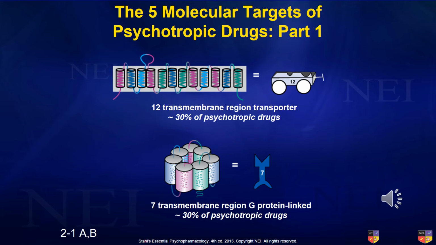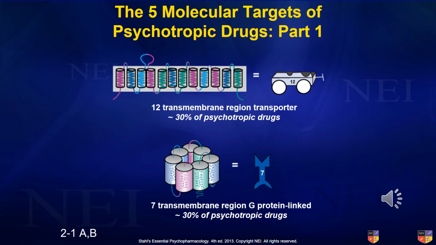Just get the concept that there are transporters that take a neurotransmitter from the synapse back up into the axon. Or there are also receptors that are called G protein linked, and at the bottom of the slide you see that blue with a 7 on it. It's because there is a 7 transmembrane region.